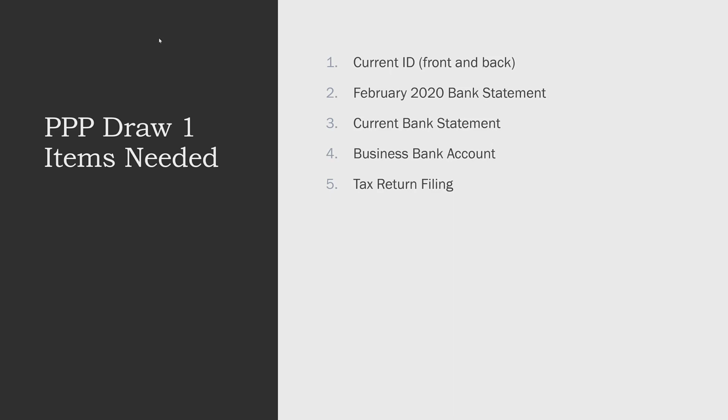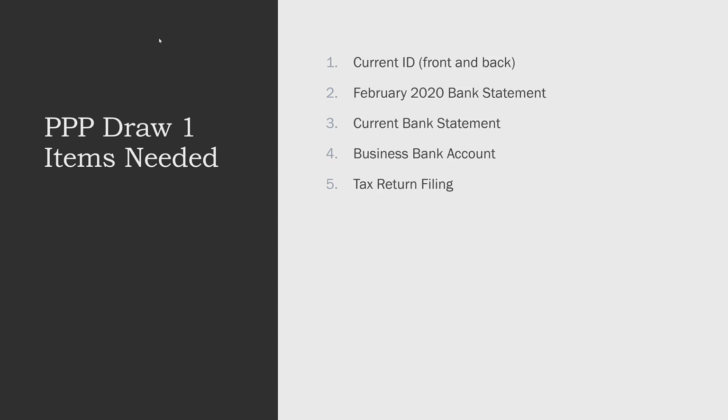However, if your business has a separate name than your name, such as even though I'm a sole proprietor, I do business as a DBA as a different business name, I will need to open a business account because whatever business name is on the application, that's the business account they want to fund to.